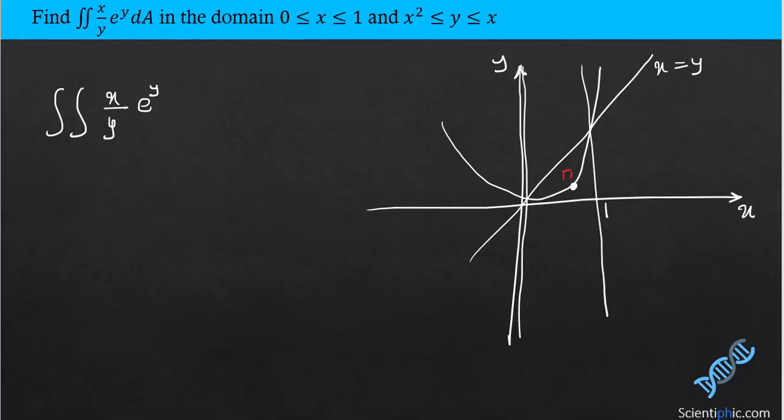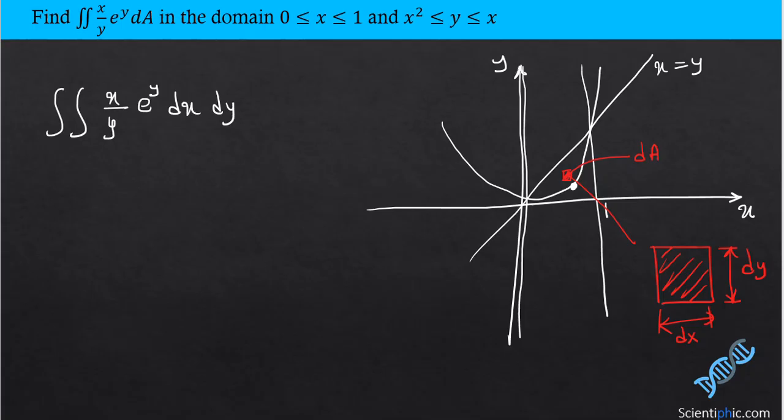Okay, so this is dA. The area of dA is, if I draw it in a larger scale, it's gonna look like this. The width of dA is dx, and the height of it is dy. So instead of dA, I'm gonna write dx dy.